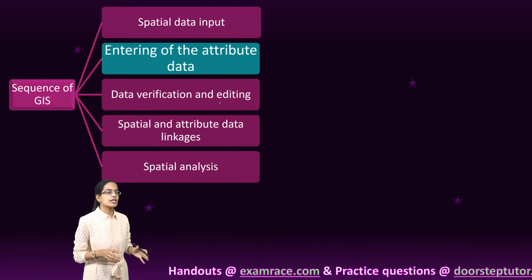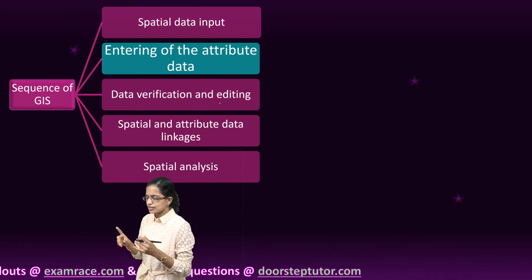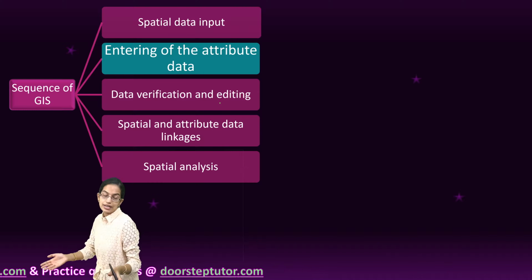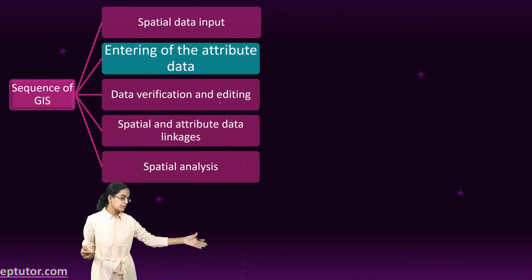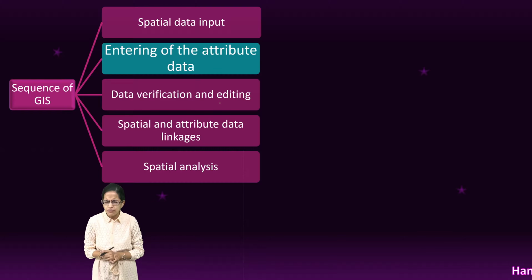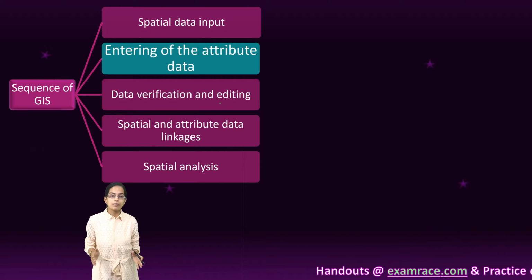Entering the attribute data could be in the form of data location, symbols, colors, indicators. If I am talking about road building in an area, if it is part of a government project where you are supposed to develop a 4-lane or a 3-lane road or a pakka road into a village, what would be the scenario?